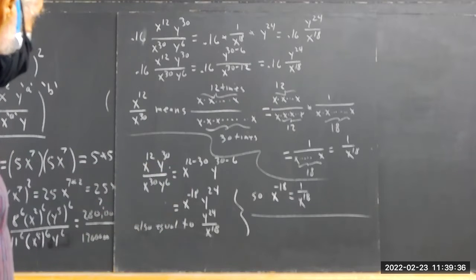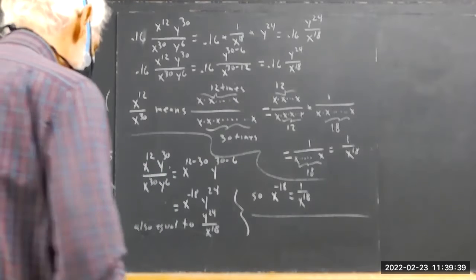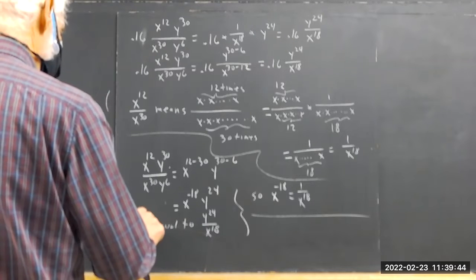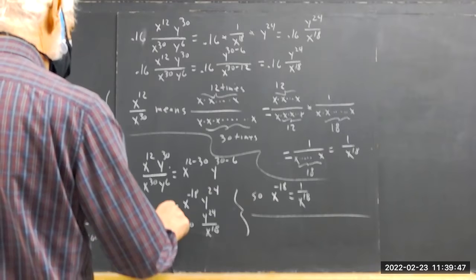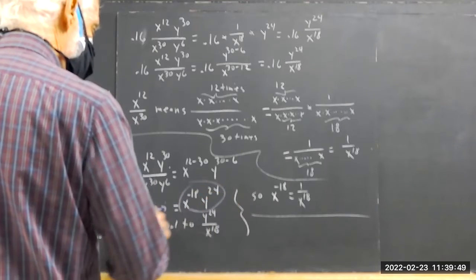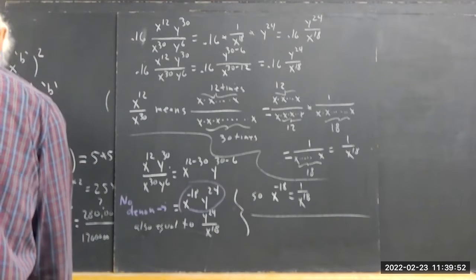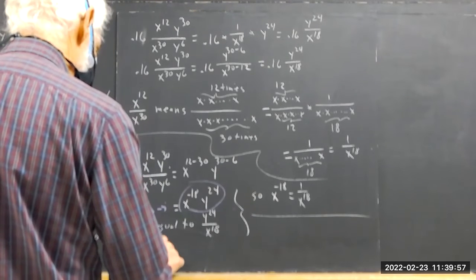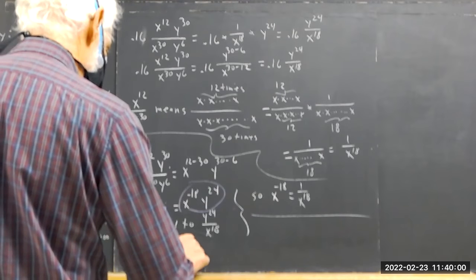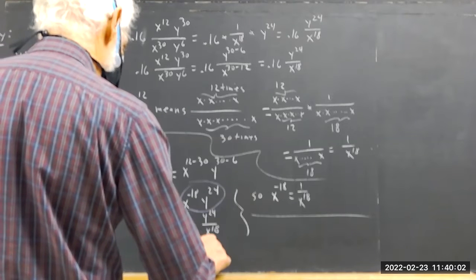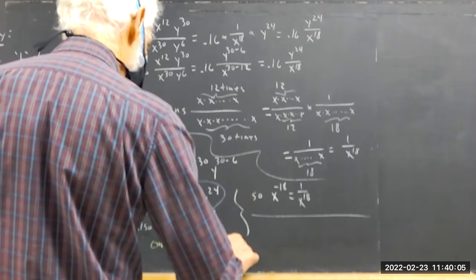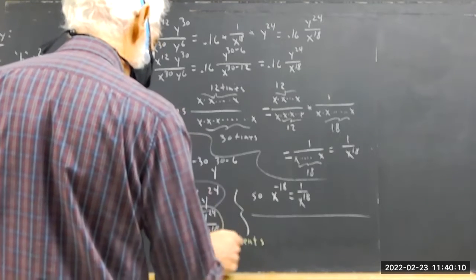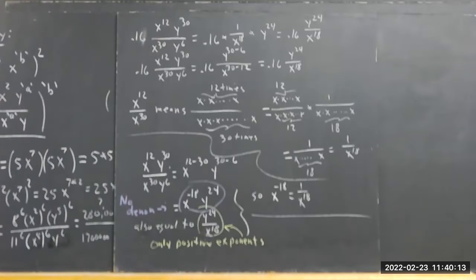So this is a form with no denominators. And this is the form with only positive exponents. Make sense?